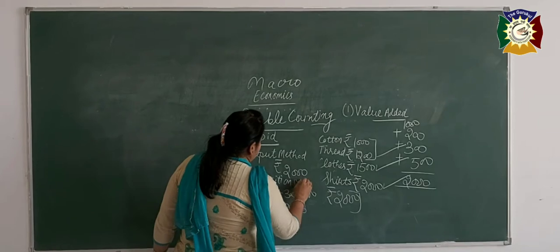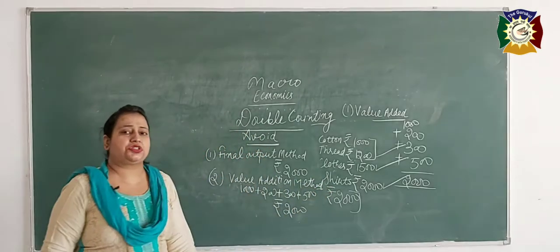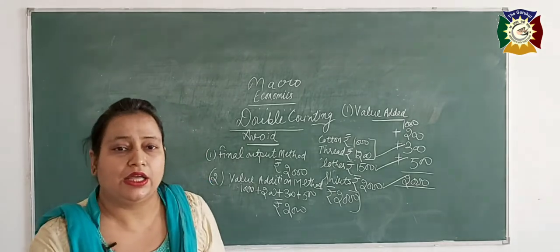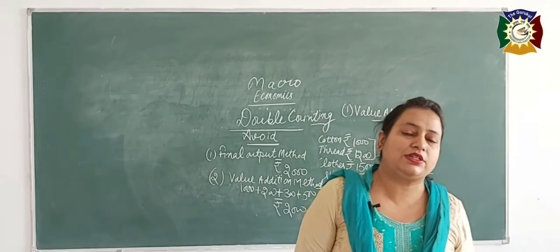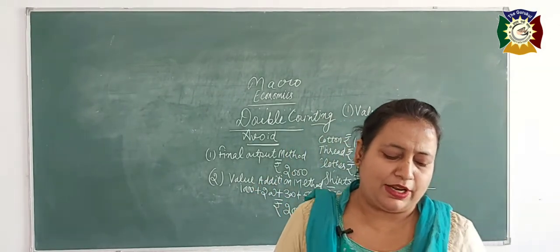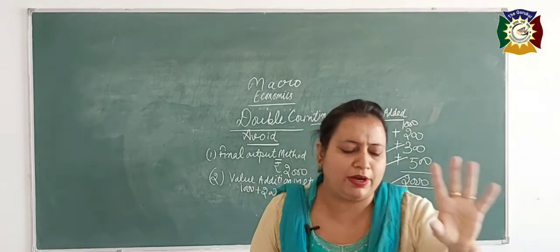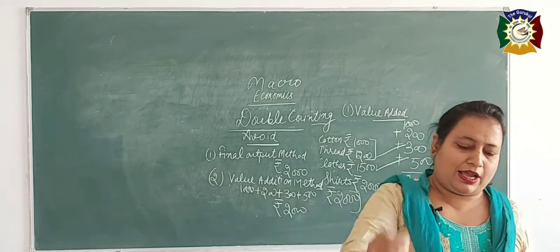Okay beta. Now I am telling you the precautions of these methods. Precaution means savdhaniya. If you are using the value added method to measure national income, which precautions do you have to keep in your mind? I am telling you small precautions. First, avoid double accounting. I already told you the concept of double accounting.